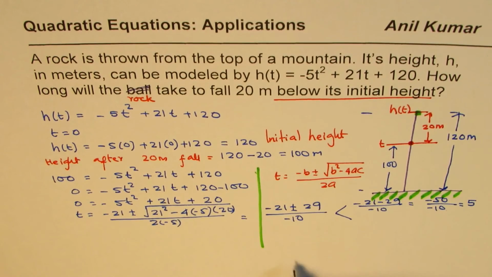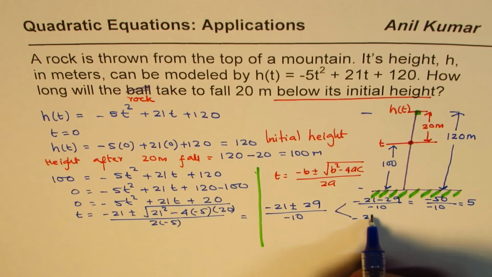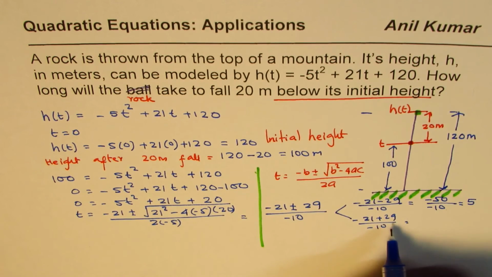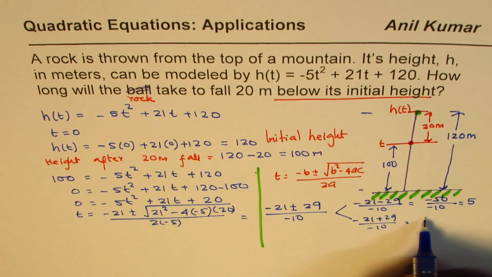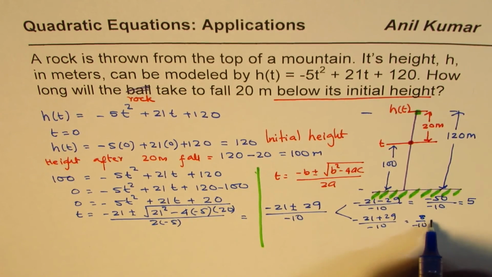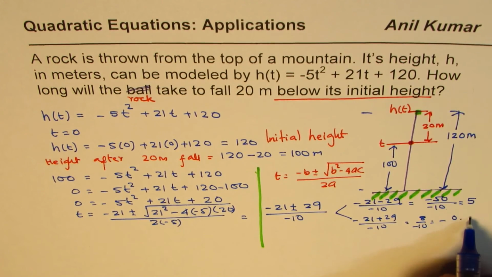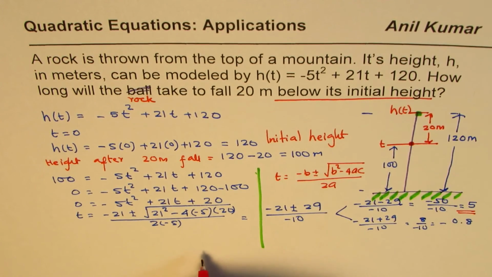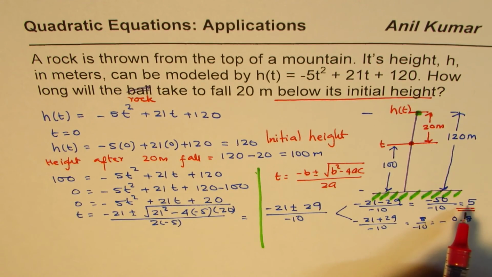So that is one answer. The other one could be minus 21 plus 29 over minus 10. That will give us 8 over minus 10, and that is a negative number, minus 0.8. Now negative 0.8 is not possible. Time has to be positive, and therefore the answer is 5, correct?